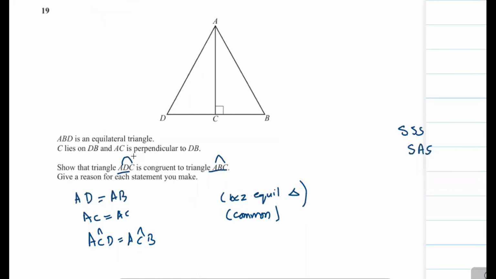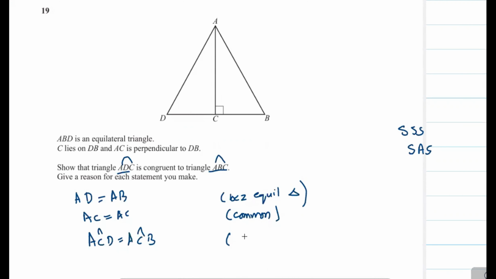It is given that AC is perpendicular to DB, and given the angle ACB is 90, then the other angle ACD will also be 90, the angle on a straight line.